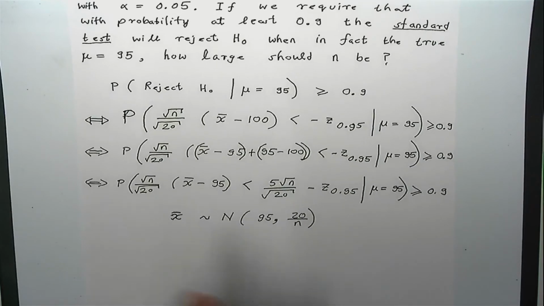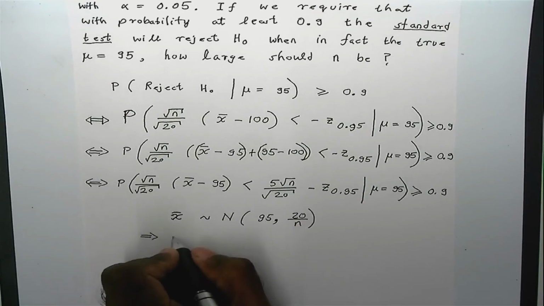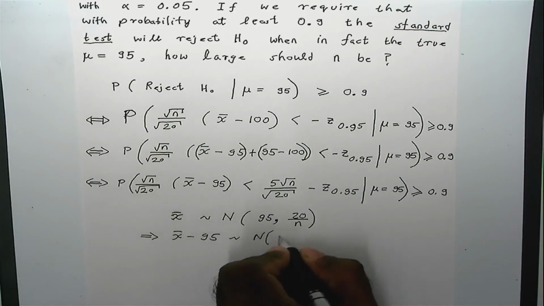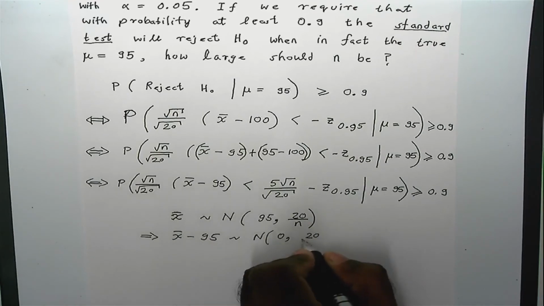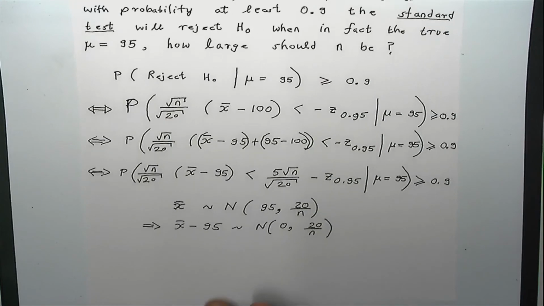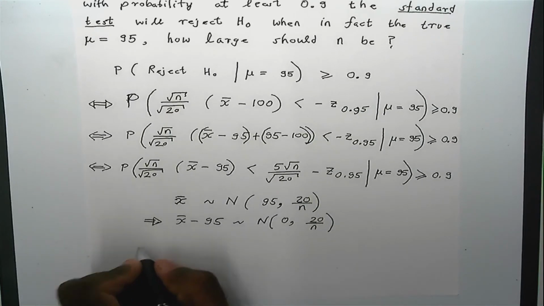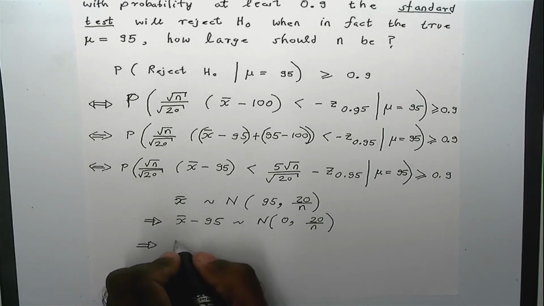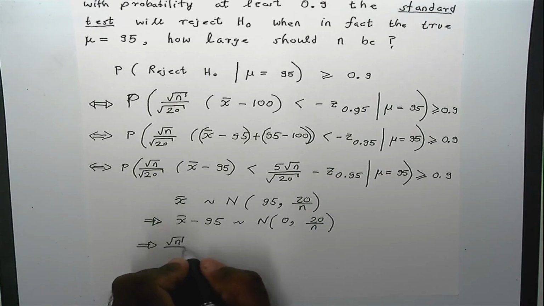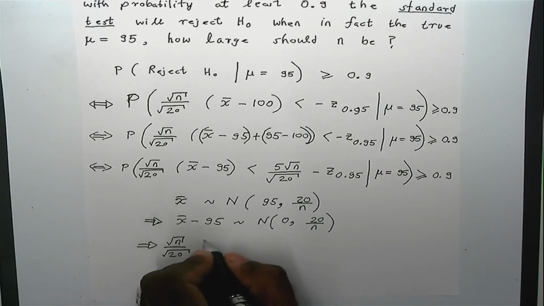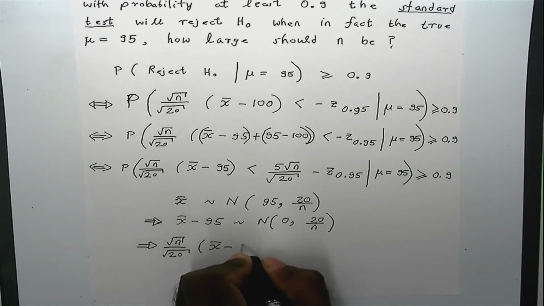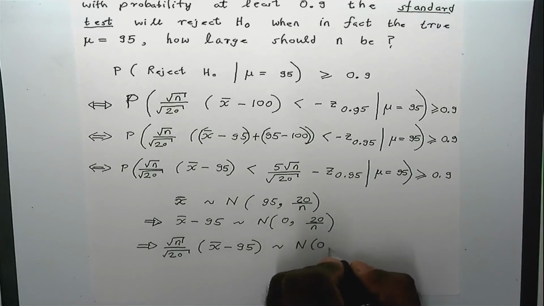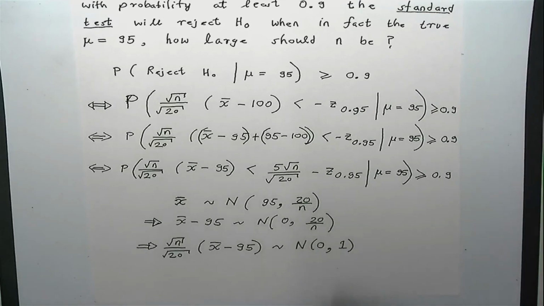Which implies that if you subtract 95 on both sides, then this will be normal with mean 0 and variance this, right? And now if you multiply both sides by this, you get the standard normal, right?